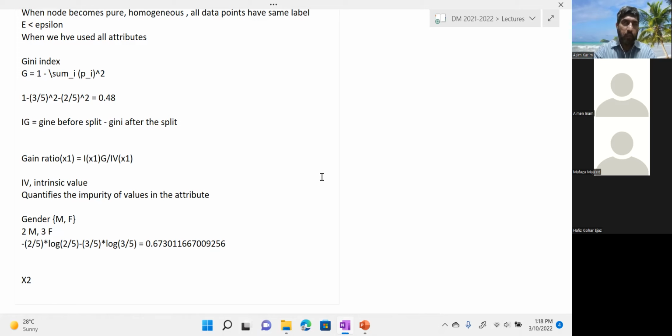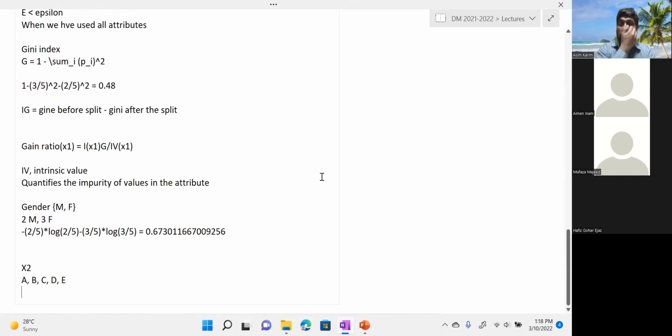So in our data set, let's say मैं कहता हूँ A, B, C, D and E, 5 possible labels हैं, values हैं उस data set की, और मेरे पास एक example A की है, एक B की है, एक C की है, एक D की है, एक E की है. So इसकी जब आप intrinsic value निकालेंगे, it will be much higher.